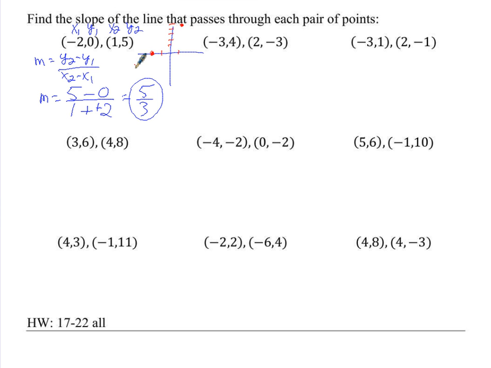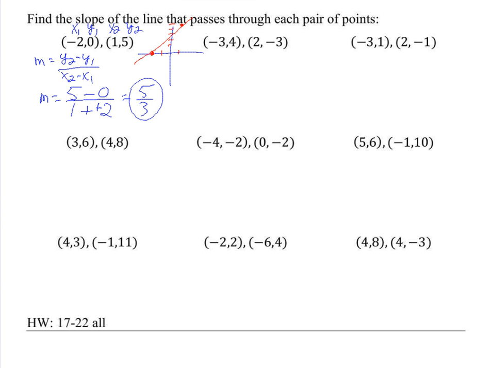If I draw a line, and we'll pretend that's a line, and I wanted to calculate the slope based on what we just did before we got to this, I'd go from here and I'd rise, how much? 5. And I'd run, how much? 1, 2, 3. So I'd have 5 over 3 as my slope. So even on this terrible sketch right here, I could still come up with the slope. Or I could use the slope equation and get that answer without having to deal with all that. Okay? So the slope equation does work.